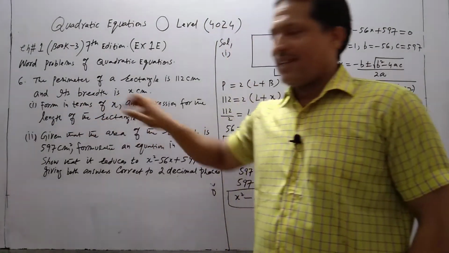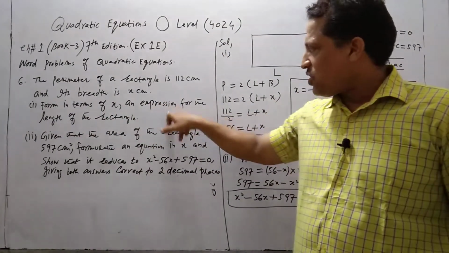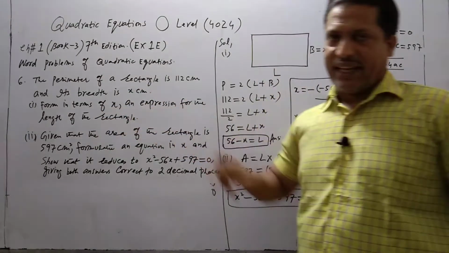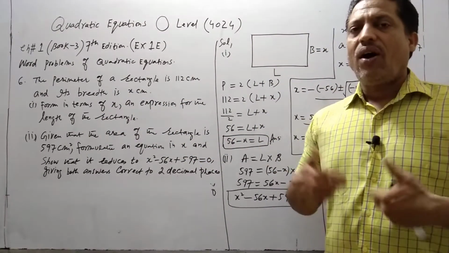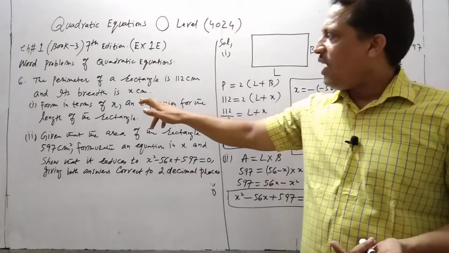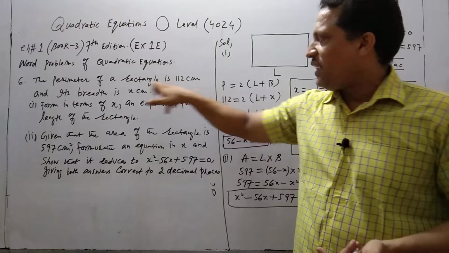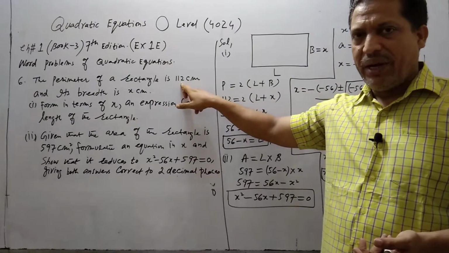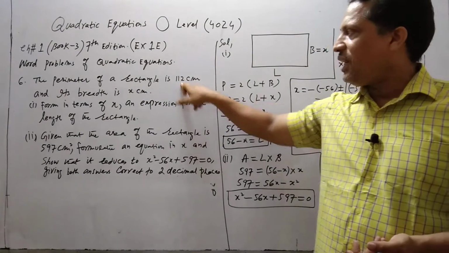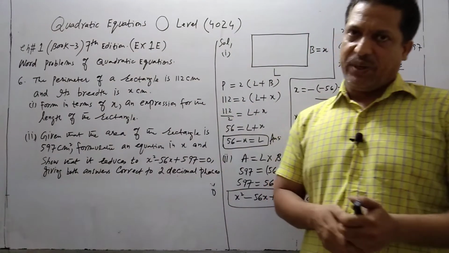Form in terms of x an expression for the length of the rectangle. We have to find the length of the rectangle with the help of these two conditions. What are these two conditions? One is the perimeter, given 112 centimeter, and the breadth is given x centimeter.